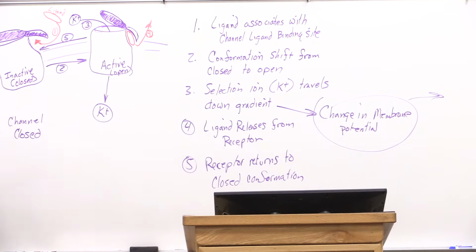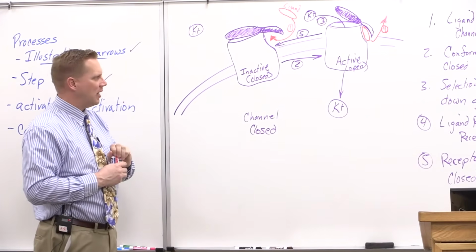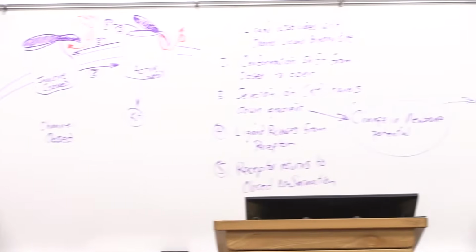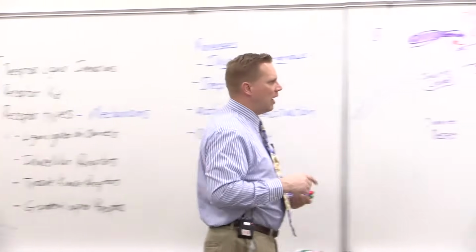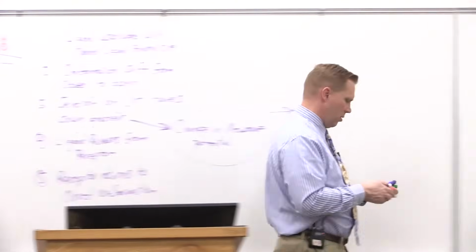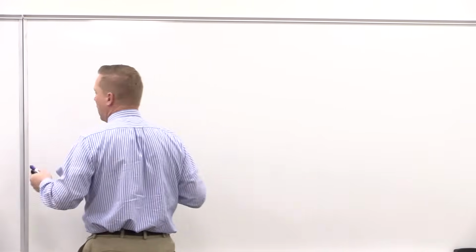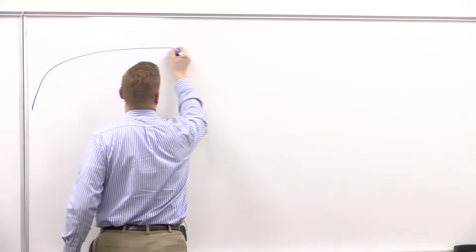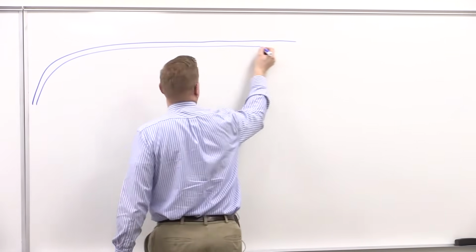All right, and so that's our explanation of how a channel is going to work, or a ligand-gated ion channel. So that's one of our receptors. For the next receptor, we'll come over here to the board, and we will draw another membrane. So this is my plasma membrane.